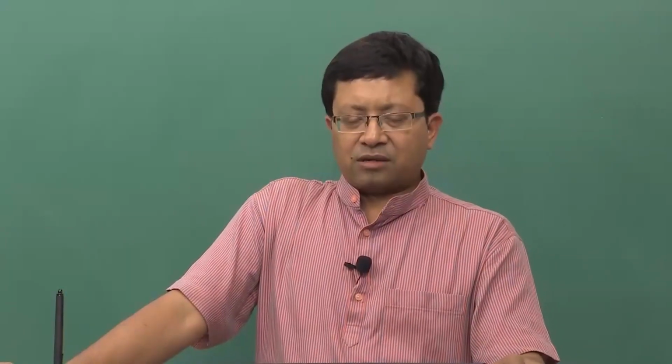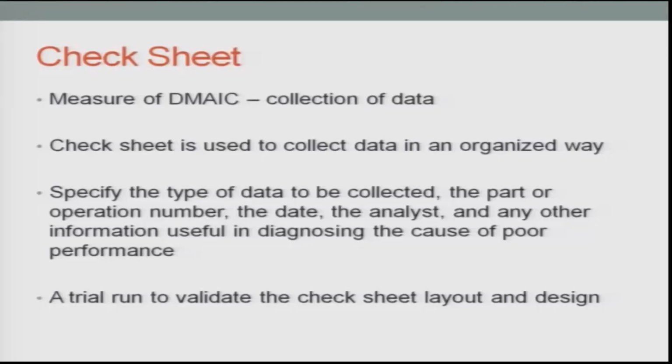The check sheet is a collection of data, to measure the overall idea you are trying to get and the information you want. A check sheet is used to collect data in an organized manner, specifying the type of data to be collected, the part or operation number and the date, who the analyst is, who collected the data, how many different points were collected, and at what point of time.